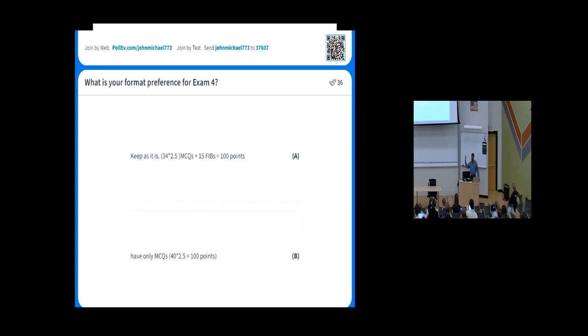Is this question clear? Should we keep the fill in the blanks or get rid of the fill in the blanks? If you want me to get rid of the fill in the blanks, choose B. If you like things the way they are, choose A. Okay, we got 60 responses, getting more.